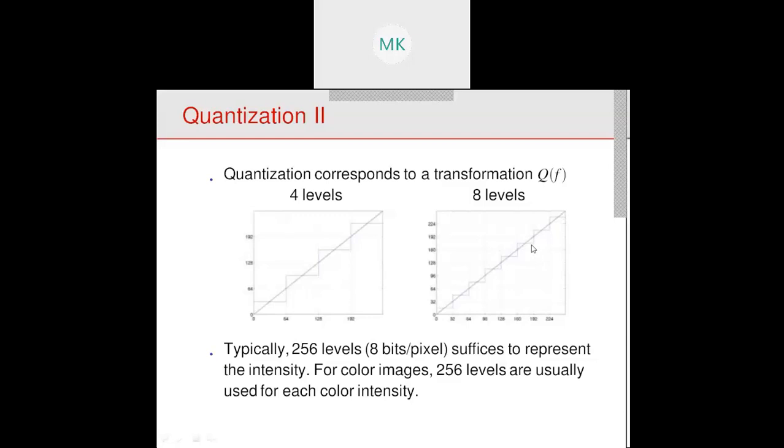Typically, 256 levels suffice in order to represent the intensity. For example, for color images, 256 levels are usually used for each color intensity, for R, for G, as well as for B, red, green, and blue.